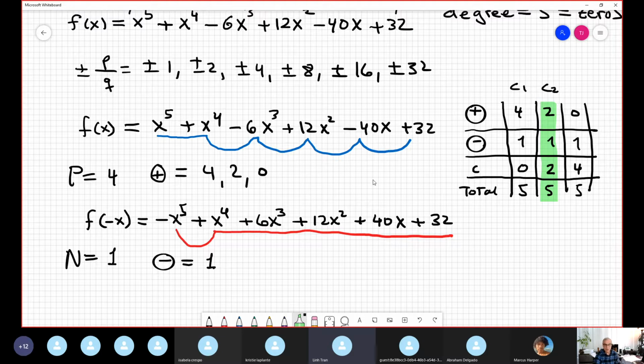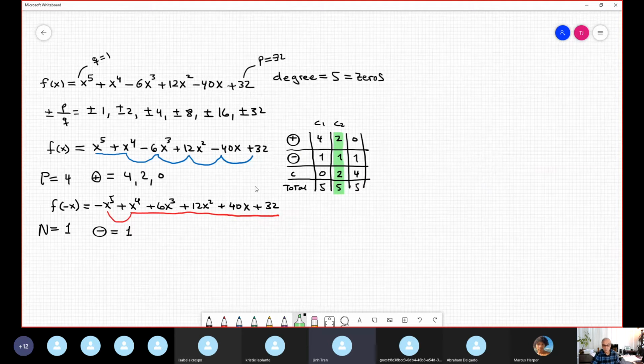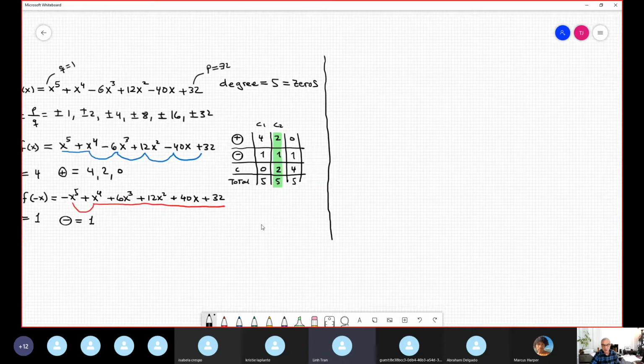How do you prove that? Synthetic division. Okay, be careful with the synthetic division, because remember when a term is missing, you put 0. But in this case, no. In this case, nothing is missing.